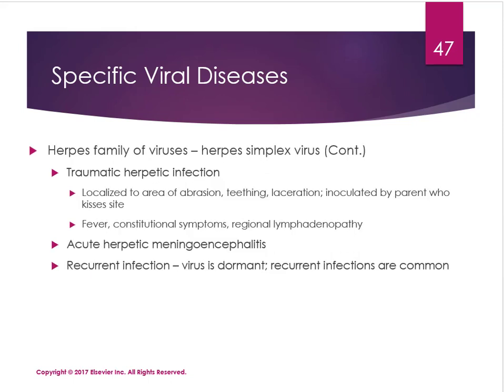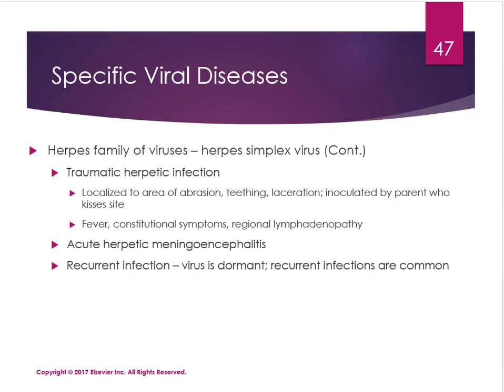You can have a traumatic herpetic infection, and that is localized to an area of abrasion where there's been teething or a laceration, and the child can be inoculated by the parent, who may kiss the site. You may see fever, constitutional symptoms, and there may be lymphadenopathy.